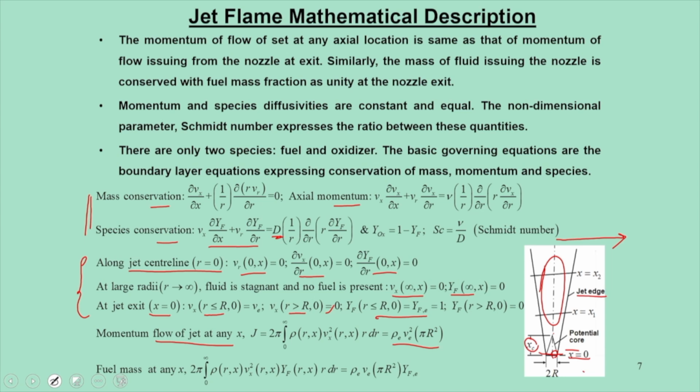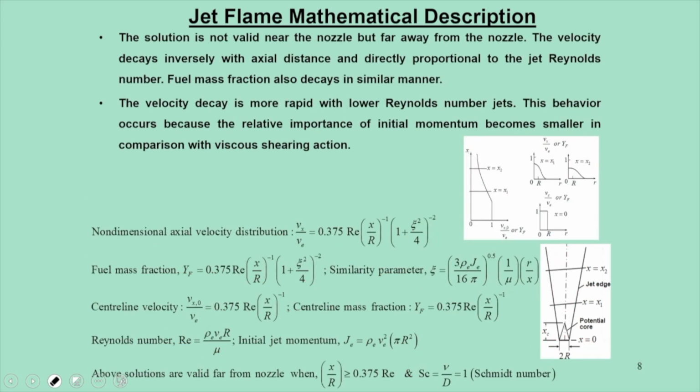Rho e and Ve stand for the velocity at the exit of this nozzle and the density at the exit. Density means the combined fuel-air density. Also you need to find the fuel mass. The same term is here, but with an additional term Y fe. I think there will be a square here, because this is the mass, fuel mass, and the earlier term is the momentum. So it's a mass term and this is a momentum term.